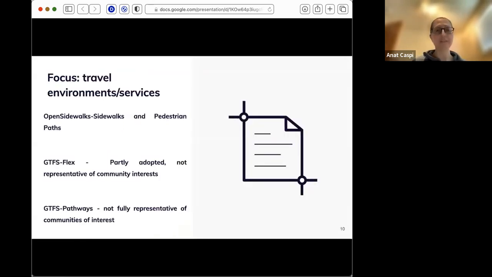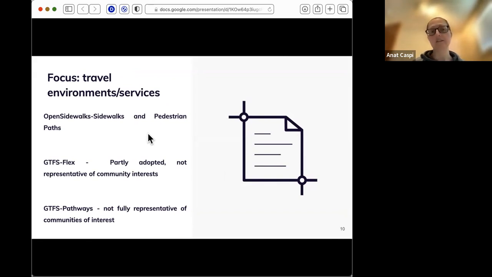Okay, so our focus is travel environments and services, and we are looking at 3 different types of data, like Sam had noted. Open Sidewalks addresses the digitization of information about sidewalks and pedestrian paths.